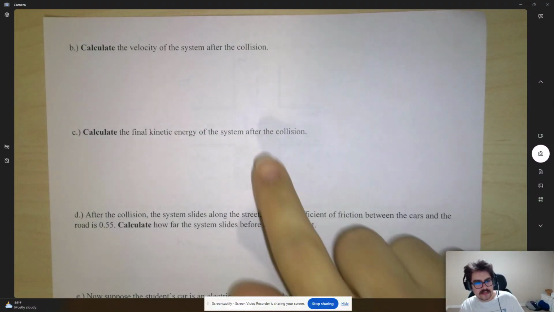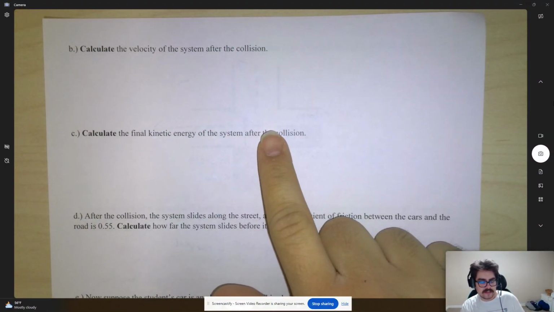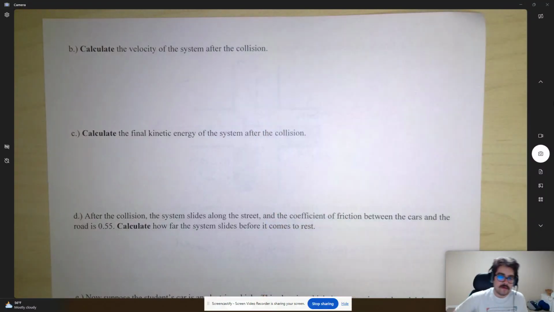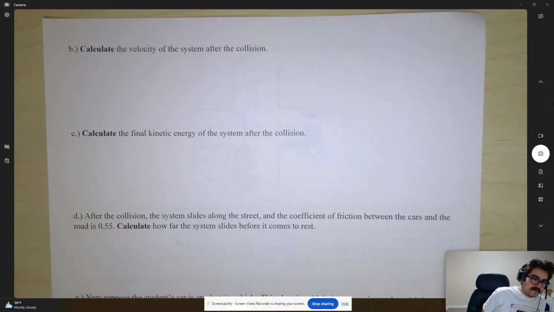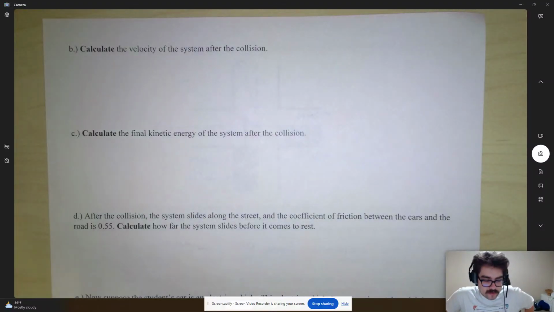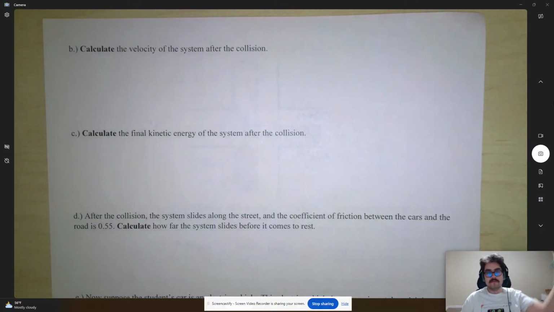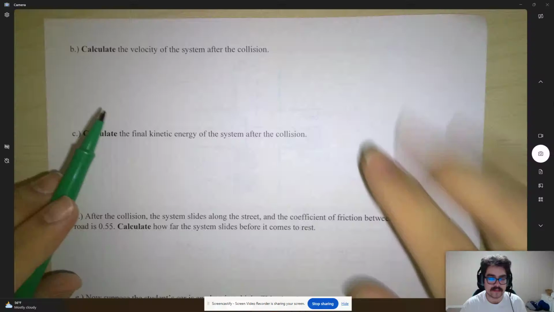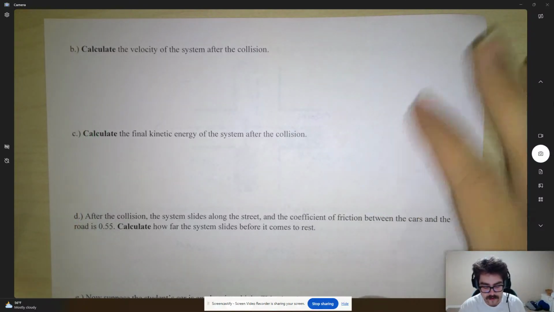Now, this one, I probably should have been a little bit more clear on this problem, that momentum again is conserved in both directions, right? So the system... okay, wait, back up. I probably should have been more clear on this one. This is net velocity of the system, right?